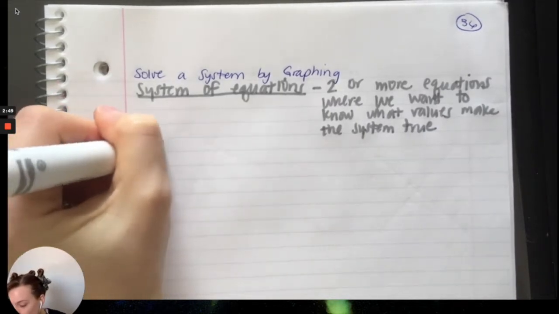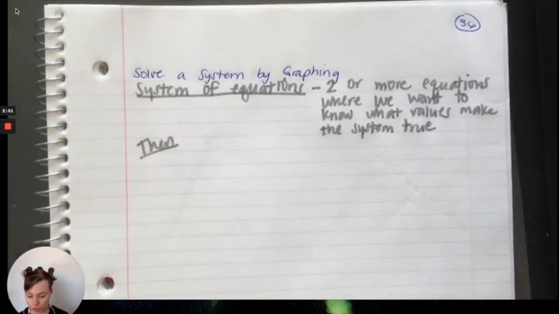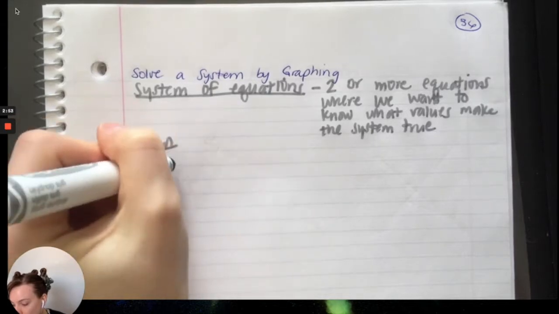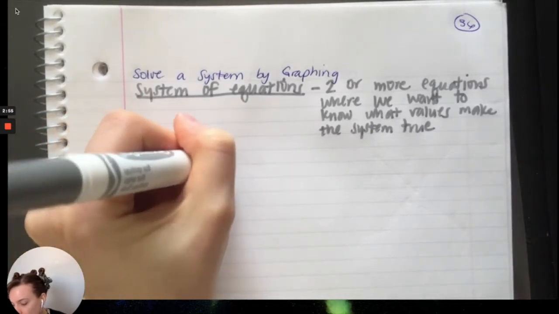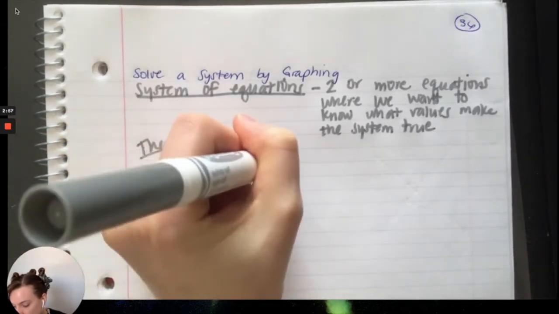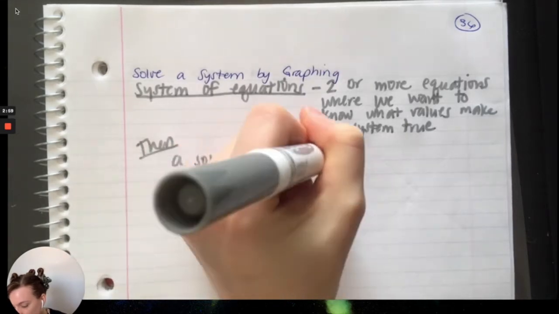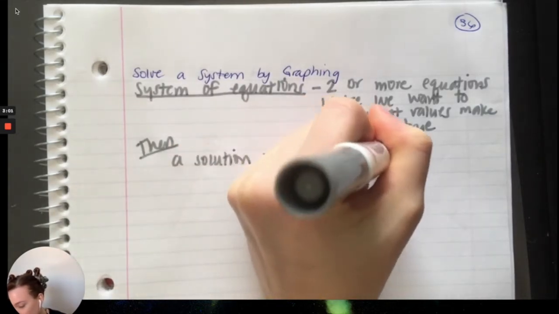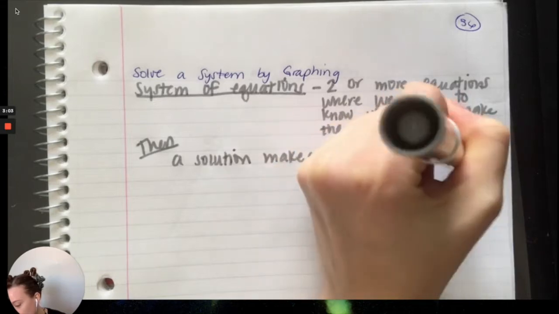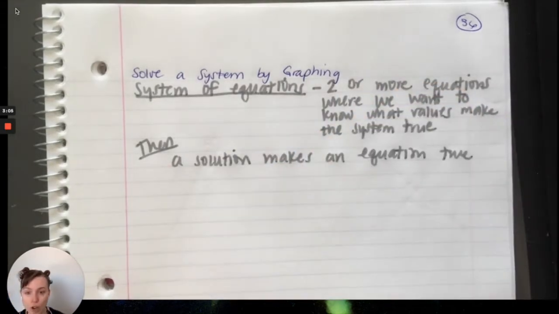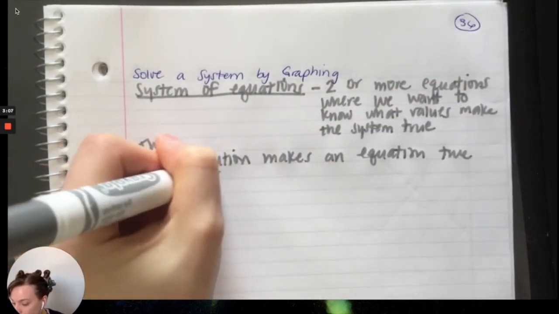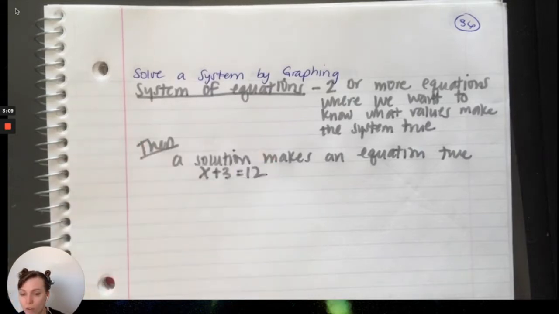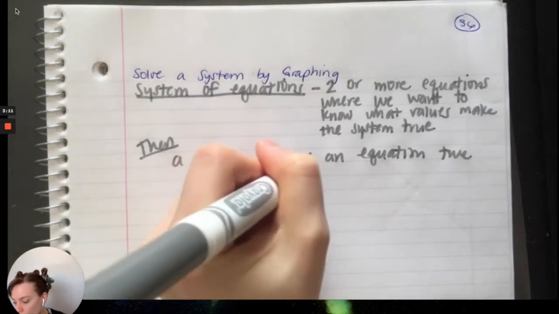So we've solved equations before where a solution makes an equation true. So for instance, if I have x plus 3 equals 12, the solution will be x equals 9.